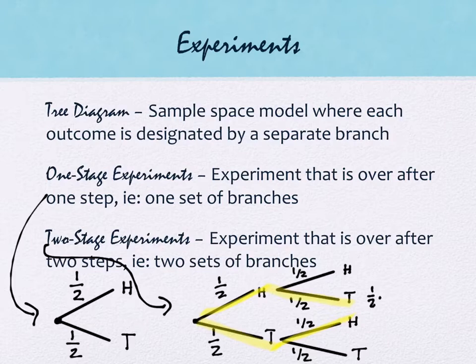This is 1/2 times 1/2, which is 1/4. And 1/2 times 1/2, which is 1/4. And then I would add up the individual branches' results together. So this would be 2/4, which ends up being another 1/2.